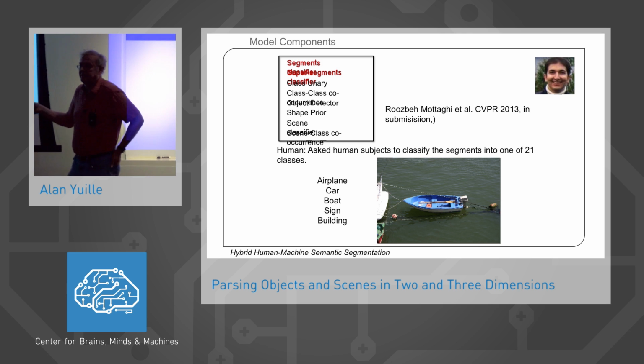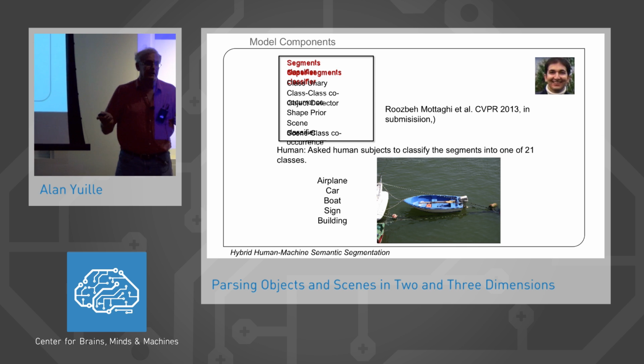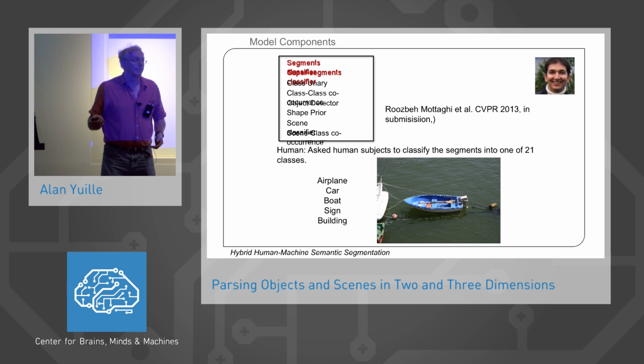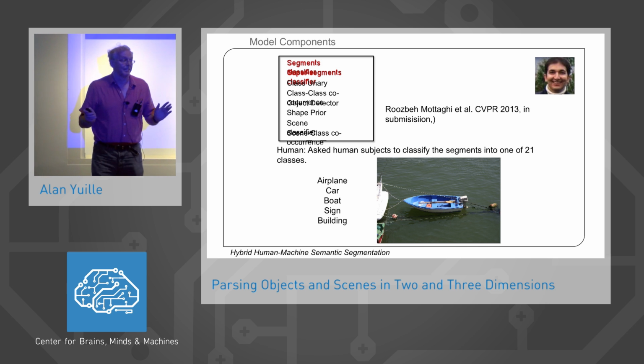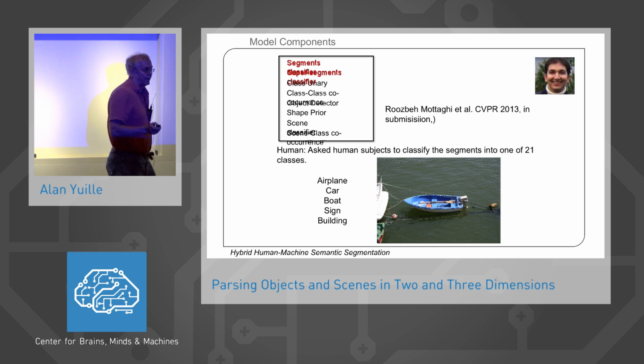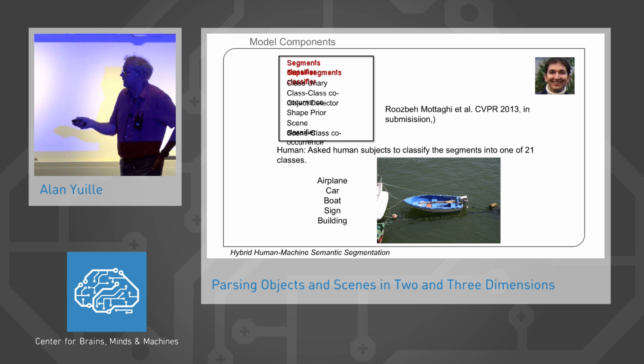If you take the types of algorithms we can do with computer vision and training and machine learning, you are getting about 50%, which isn't great, but it's actually pretty good considering the difficulties of it. So it's behind the human performance, but only a little bit behind.